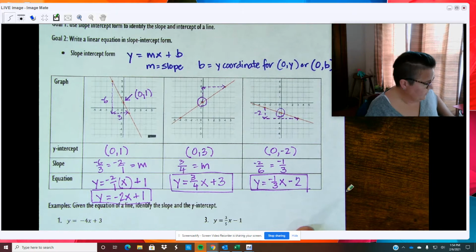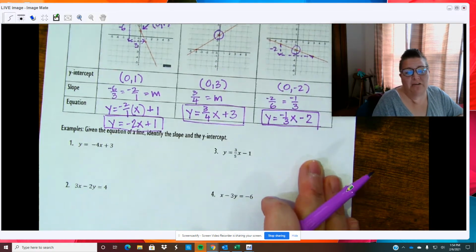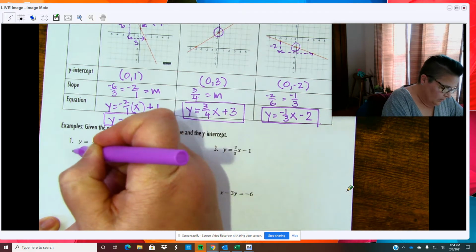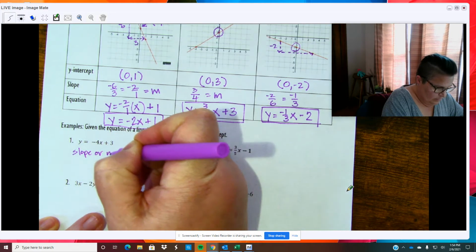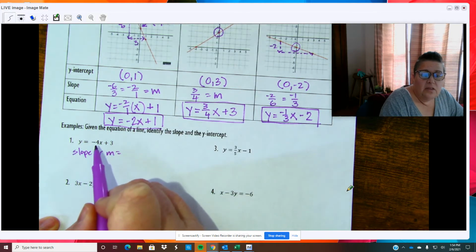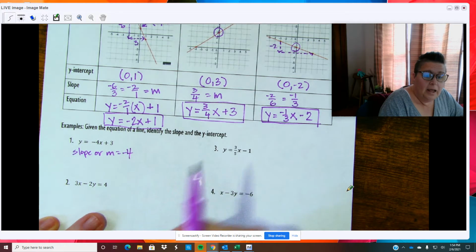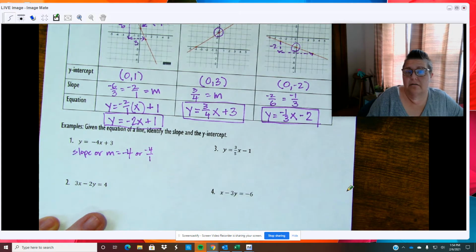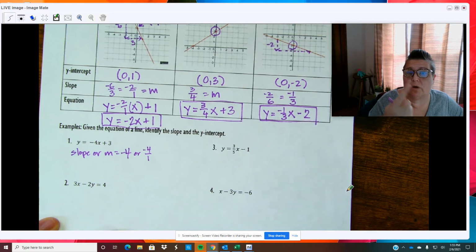Okay? Now, for the next bit, we just want you to identify your m and your y-intercept. So the slope, which is the m, is the coefficient of the x, -4. I would also accept a -4 over 1, at least for the time being, because slope has two parts, the rise and the run.